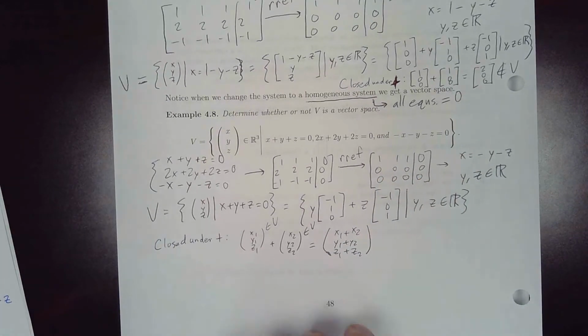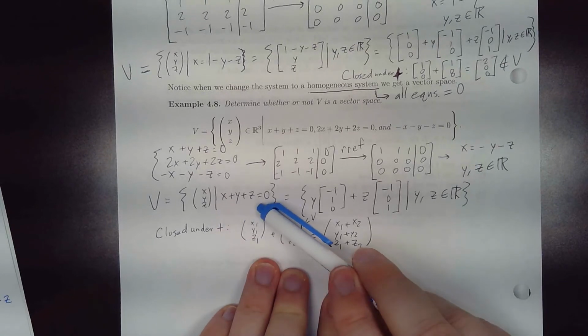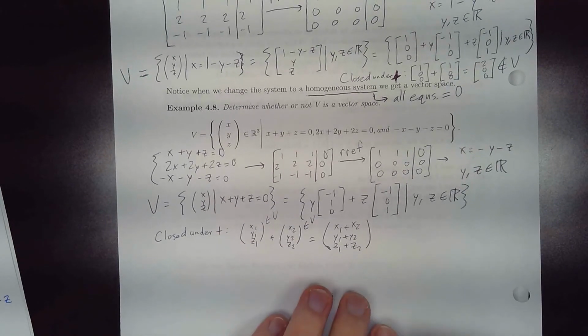And so how do we check if that's in V? Well, what we need to be in V is for x plus y plus z to be equal to 0. So let's check.